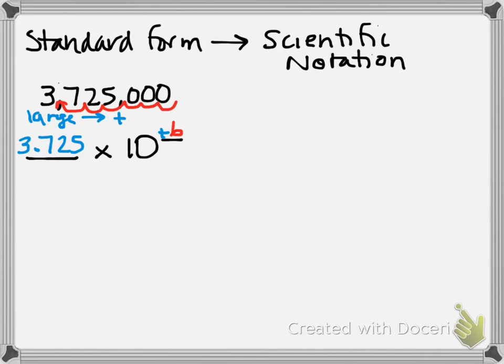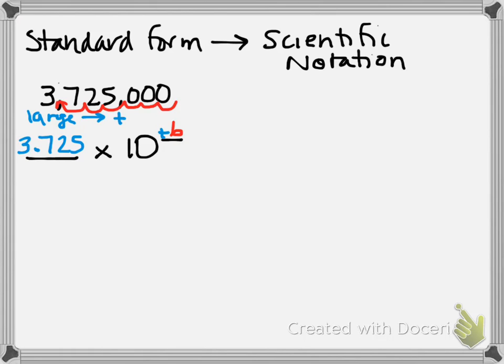So my answer for 3,725,000 is 3.725 times 10 to the positive 6th power. Okay. Yes? Wait, so how would you know where the decimal goes? Remember, the value has to be between 1 and 10, so I move it until I have one digit in front of the decimal point. That's how I can guarantee it's between 1 and 10.